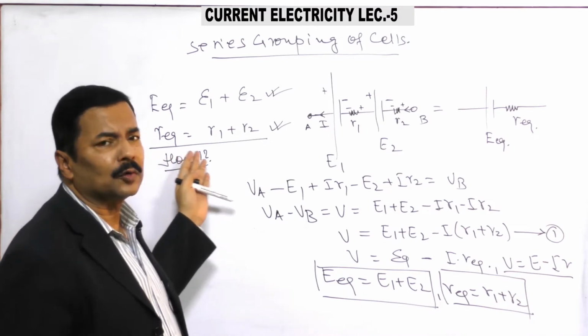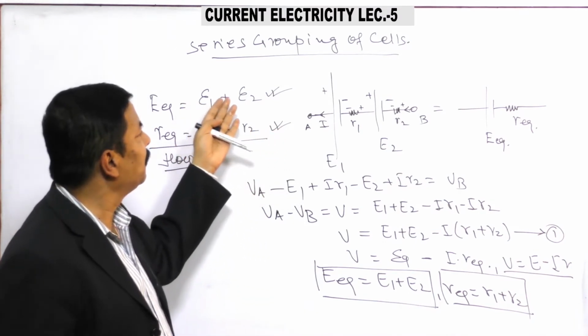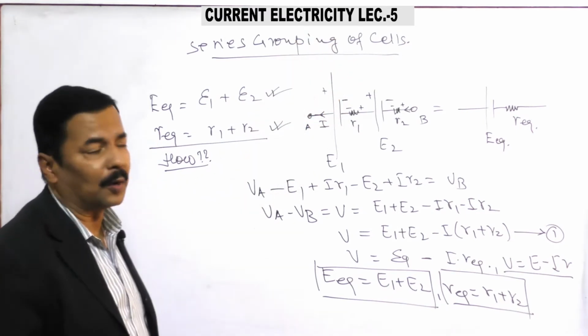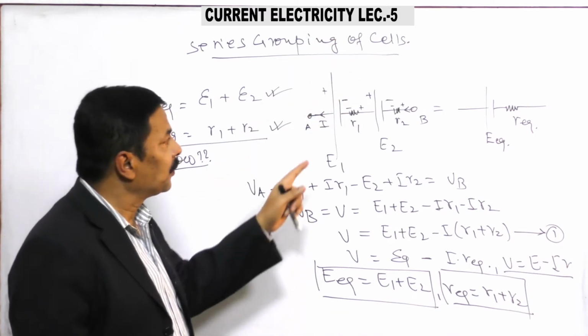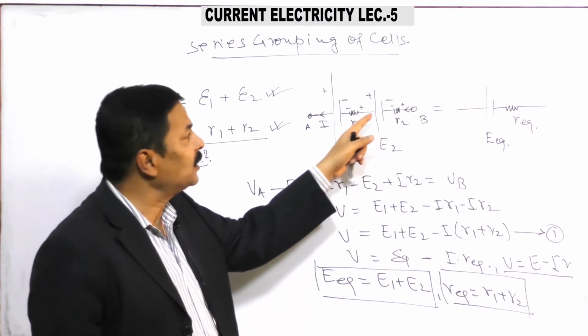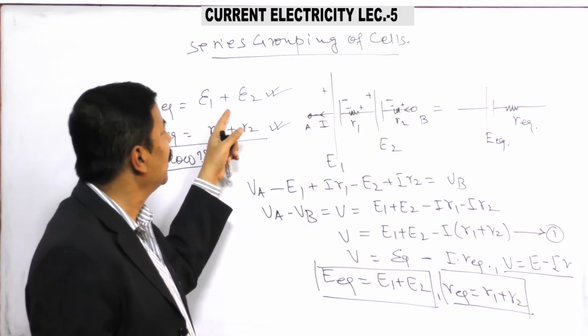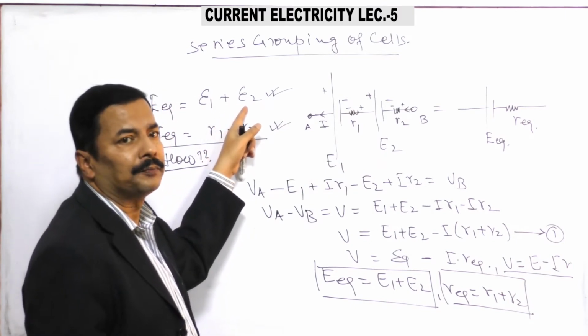If there are so many cells, you can add E1 plus E2 plus E3 plus E4 plus E5, and so on. And in case the polarity of a cell is reversed, this will change. If suppose this polarity is changed, I will write here minus E2.